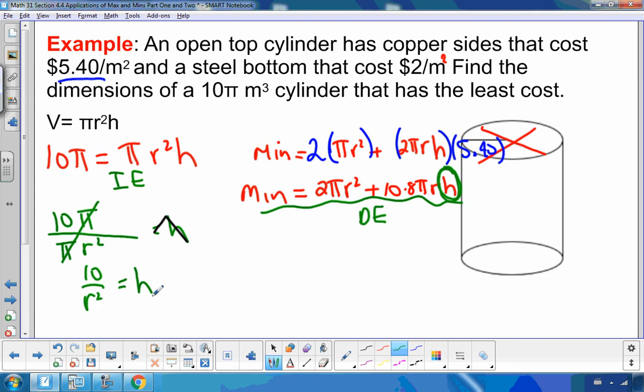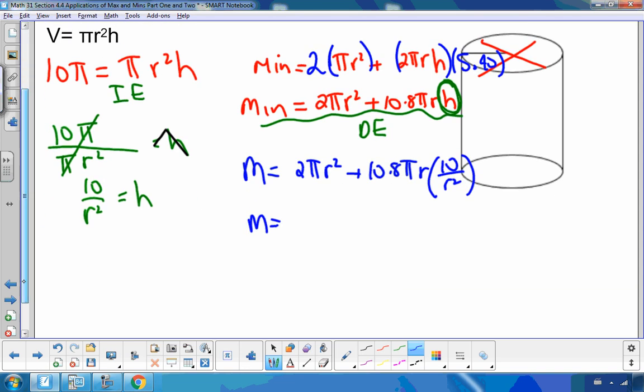Now that I've isolated height, I'm going to put that into my minimum equation. The minimum equation is 2πr² plus 10.8πr times the height, which is 10 over r².